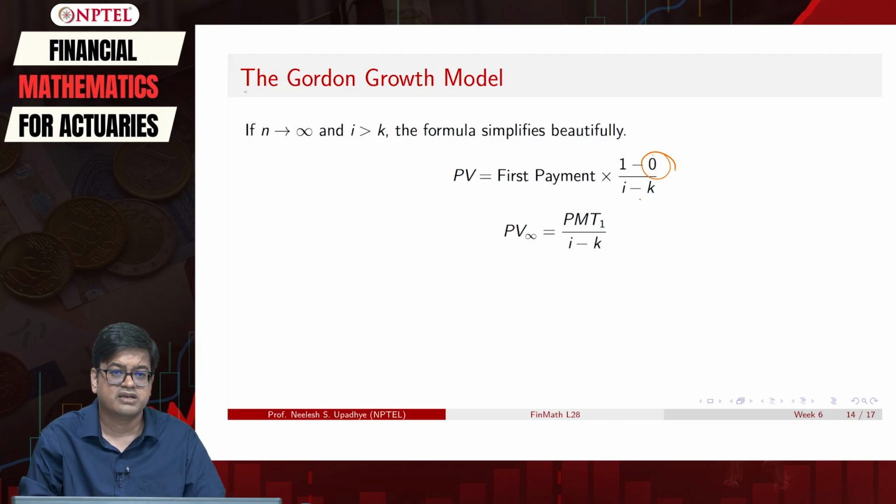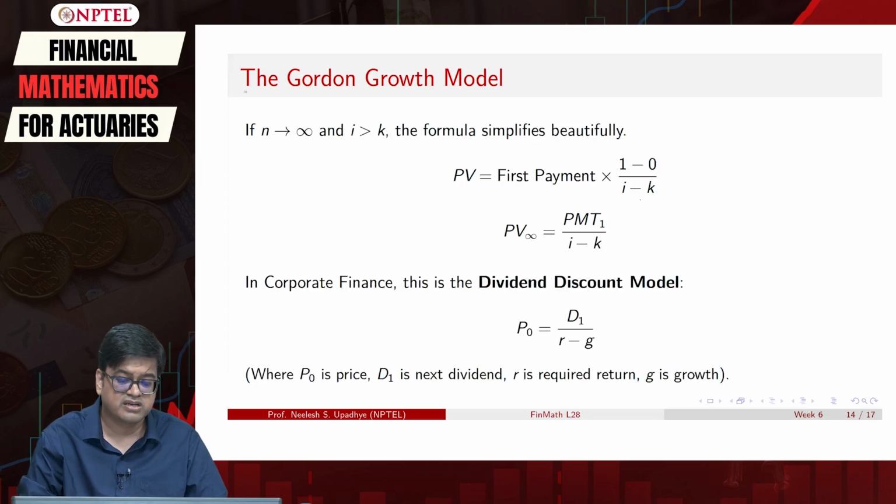That is all. In corporate finance we use this model, called the dividend discount model. If you look at this I minus k, I and k have certain meanings. K we generally denote by the growth rate, which is called G, and R is the return that I expect from the stock investment.